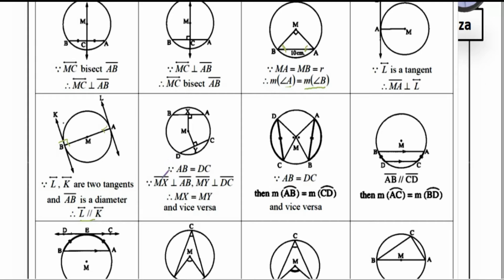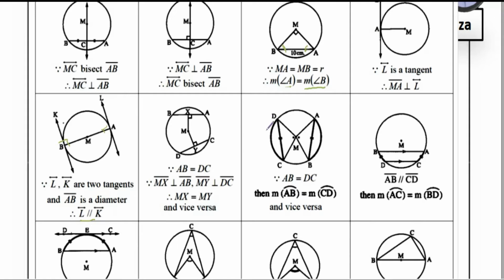Very good, we deduce that MX is equal to MY. And vice versa. If MX is equal to MY, therefore the chord AB equal the chord CD.